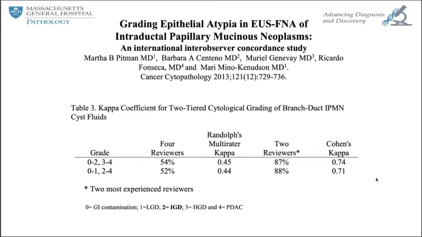So it's now low grade, low risk, which includes intermediate grade dysplasia, generally of the gastric type, and high-grade atypia includes high-grade dysplasia and invasive carcinoma.